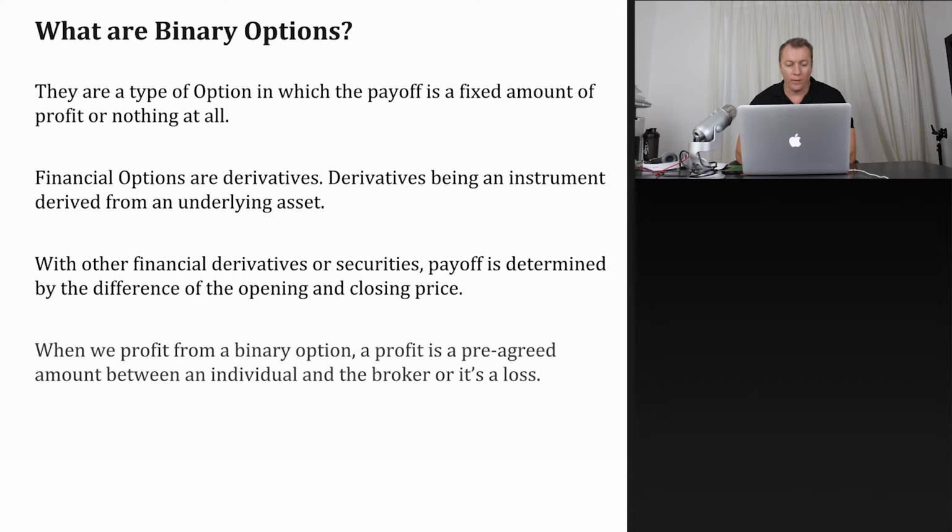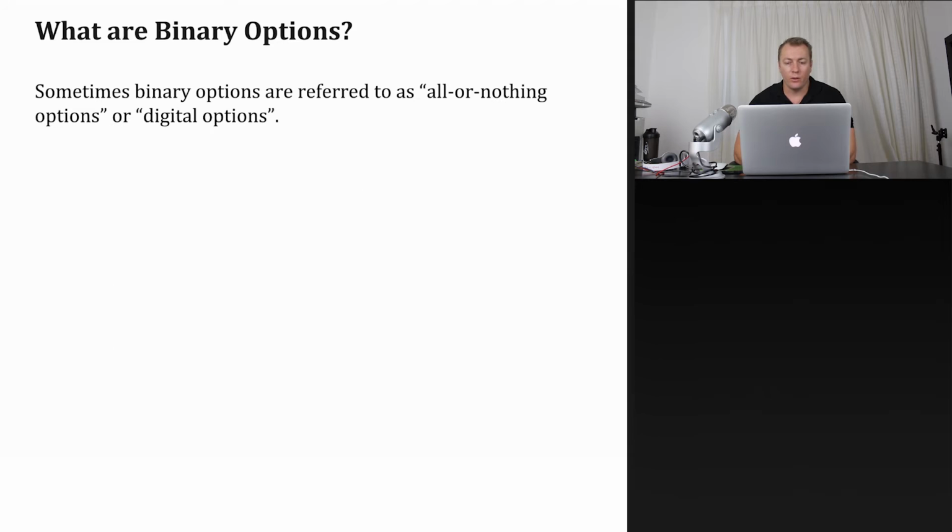When we profit from a binary option, the profit is a pre-agreed amount between the individual, the trader, and the broker, or it's a loss. Sometimes binary options are referred to as all or nothing options or digital options.